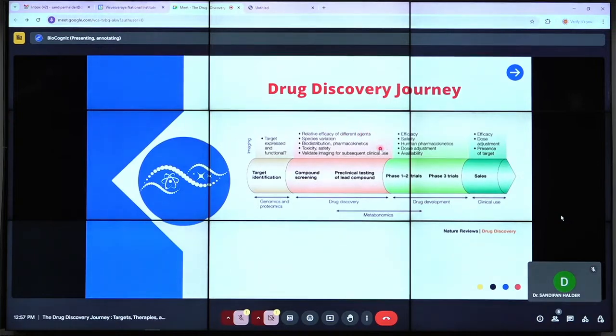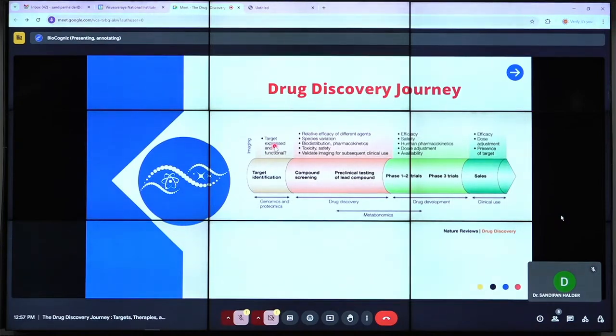The reason we are talking about side effects here is that we are all individuals. In the case of target identification itself, when you identify a target, it's about whom you are targeting.